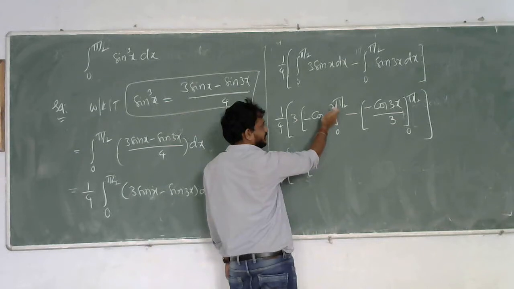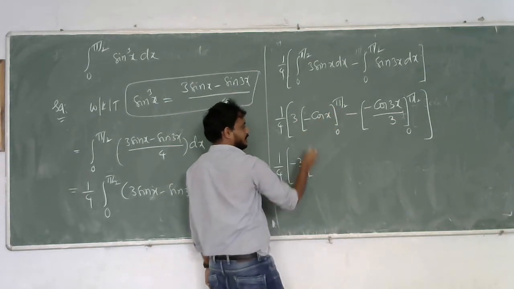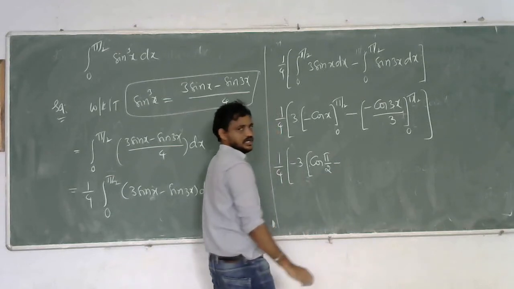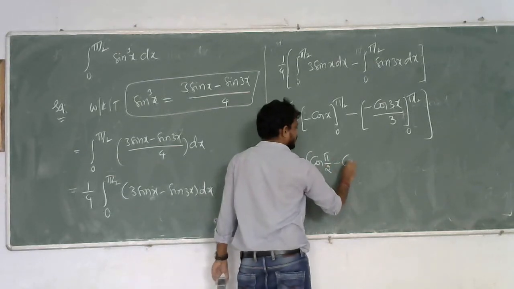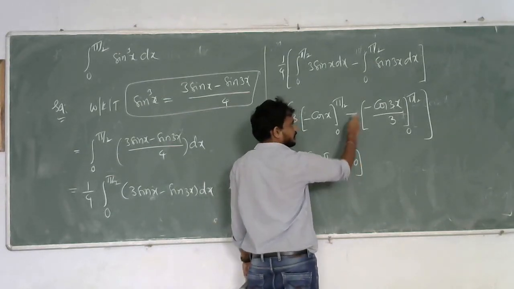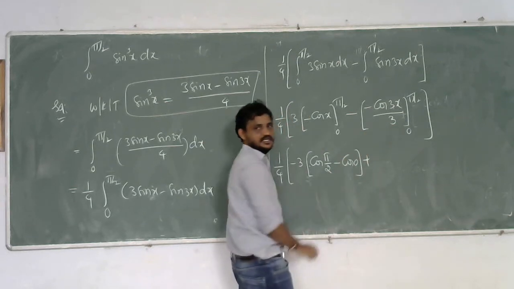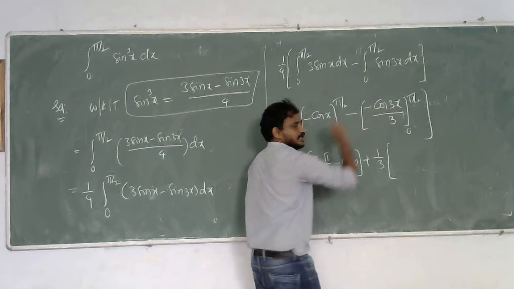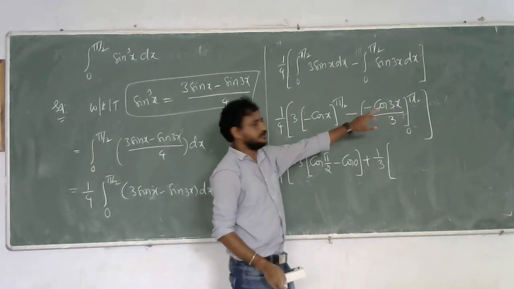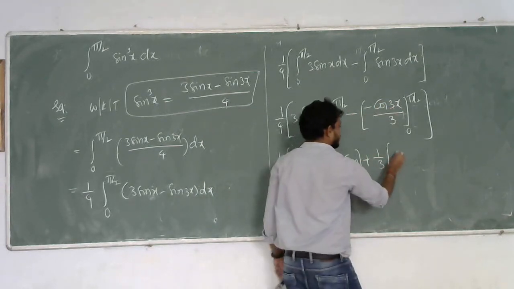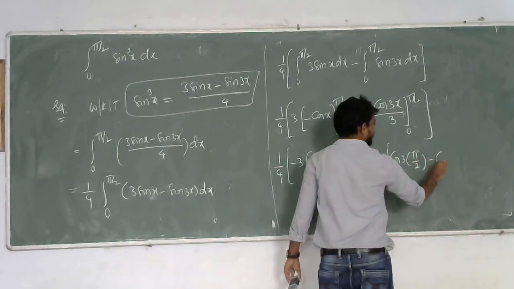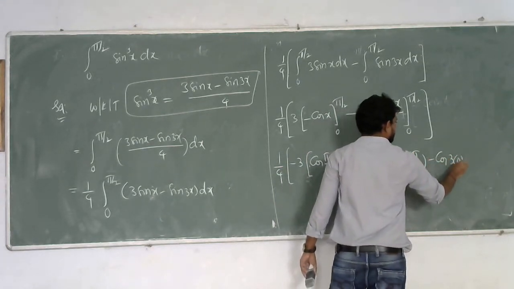Now apply the limits. Upper limit is pi by 2, so it becomes cos pi by 2 minus lower limit 0, so we get cos 0. Then minus into minus is plus. Then write the 3 outside, so 1 by 3, first write the upper limit, that is pi by 2 because of this x, so you will get cos 3 into pi by 2 minus lower limit cos 3 into 0.